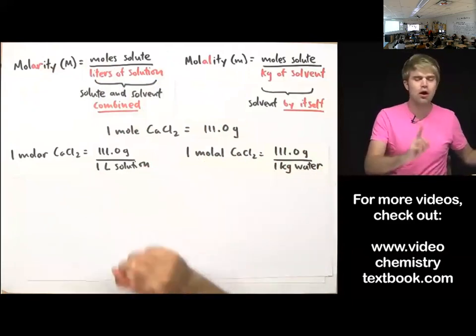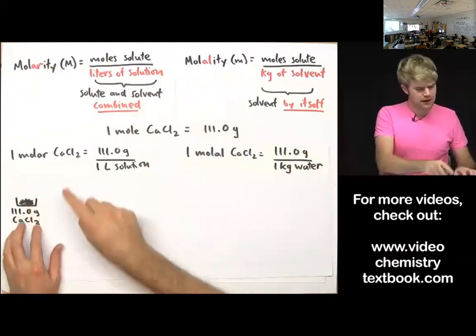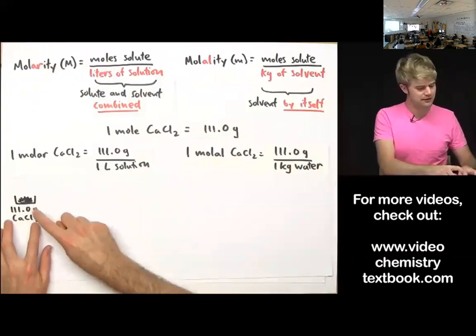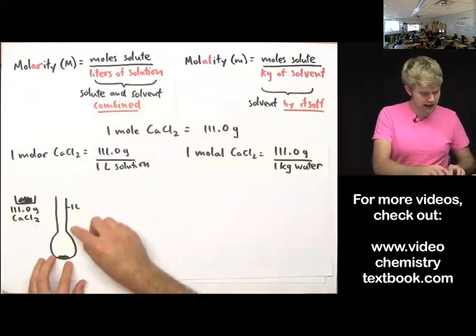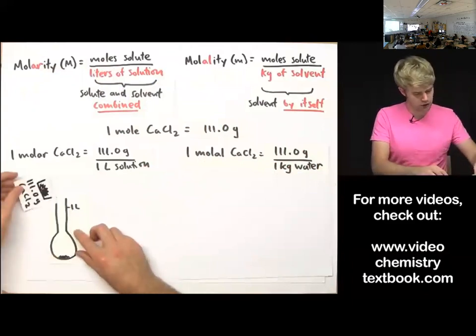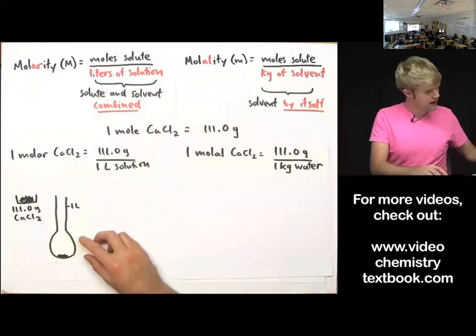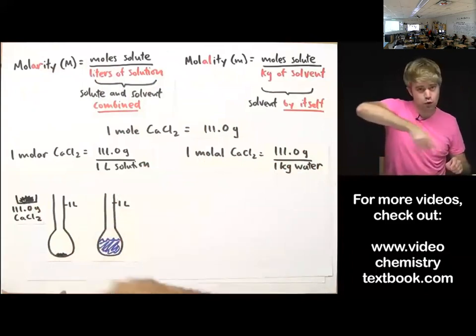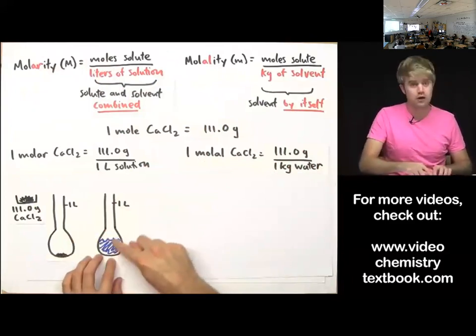But here's how I'll actually do this, and this is where the difference comes in. If I want to make a 1 molar solution, I'll go to the scale and I'll weigh out 111 grams of calcium chloride. I'll then take a volumetric flask like this one, and I'll take the calcium chloride and I'll empty it into here. So now I have the calcium chloride here on the bottom. And what I'll do is I'll add a little bit of water to it and swirl it around until the calcium chloride, which was here, dissolves in the water.